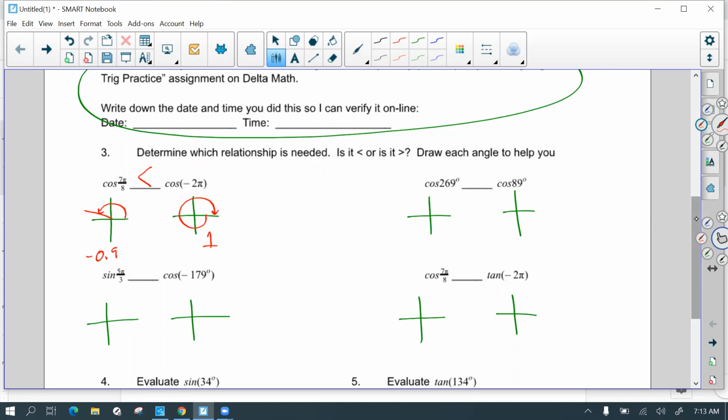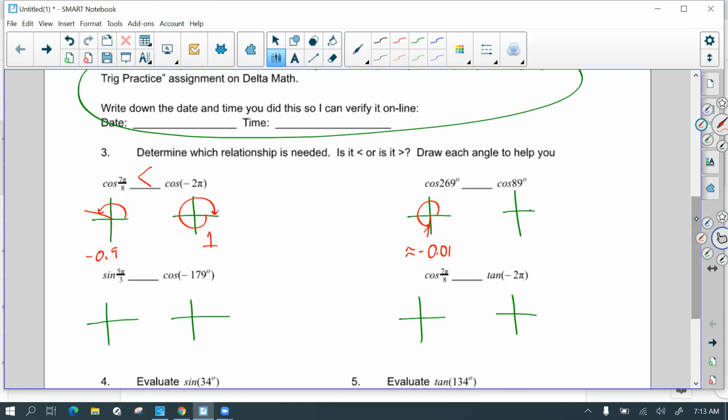Moving to the right, 269 degrees is just 1 degree away from 270. So it's very, very close to 0. And notice it's on the negative side. I don't know what it is. I don't have a calculator, but it's darn close to 0. And it's just ever so slightly negative because you had to go to the left to get to that ordered pair.